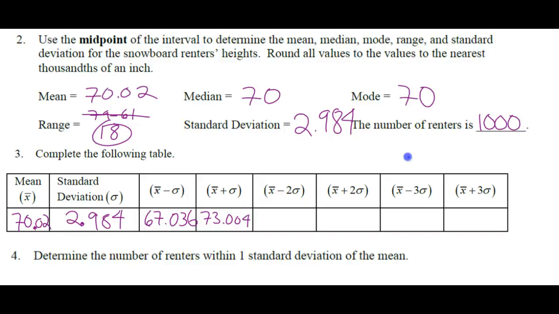Because your calculator will do the order of operations. 64.052. The mean plus 2 standard deviations, 75.988. The mean minus 3 standard deviations, 61.068, and the mean plus 3 standard deviations, 78.972.